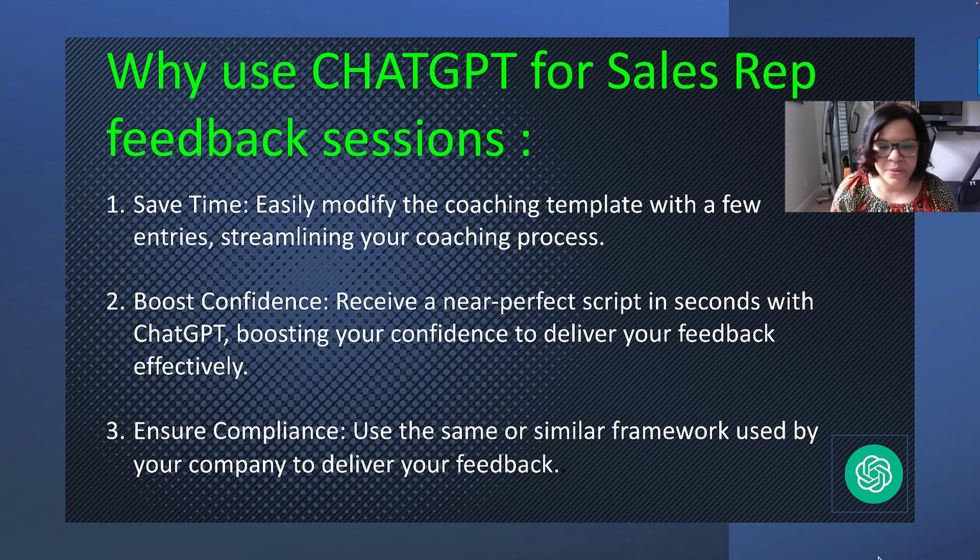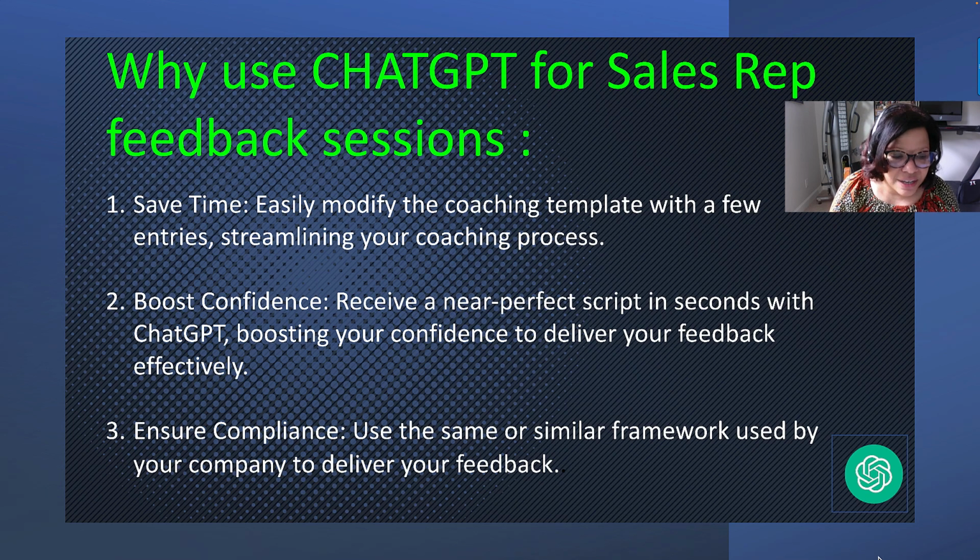Number 2, boost confidence. Receive a near perfect script in seconds with ChatGPT, boosting your confidence to deliver your feedback effectively. I want to pause here. When your reps see that you're coming to their coaching sessions with the exact words to help coach them to success, your credibility with the team will go up. Your ability to coach them to success will be much easier for the majority of the cases.